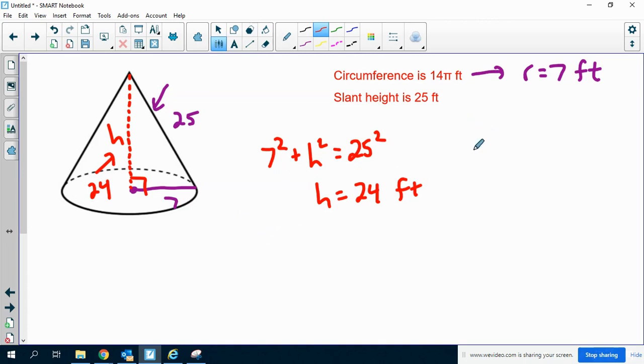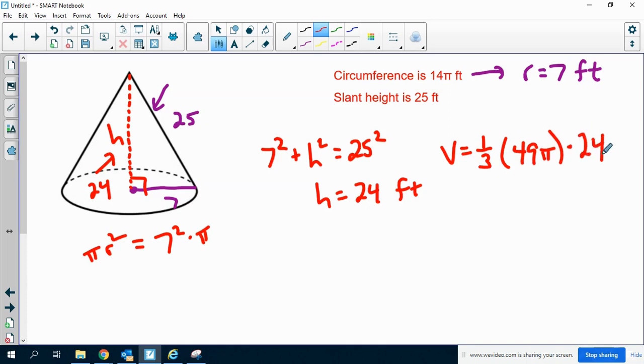So I have the volume is 1/3 area of the base. That's 7 squared times pi for the area of a circle, pi r squared. So that's 49 pi. Then I multiply that by the height of the figure, which is 24. So 1/3 times 24 is 8.